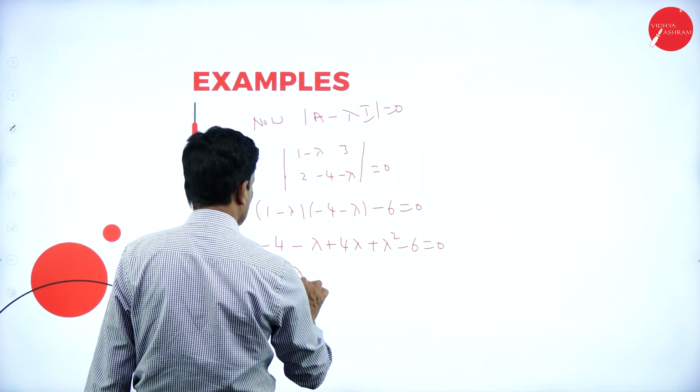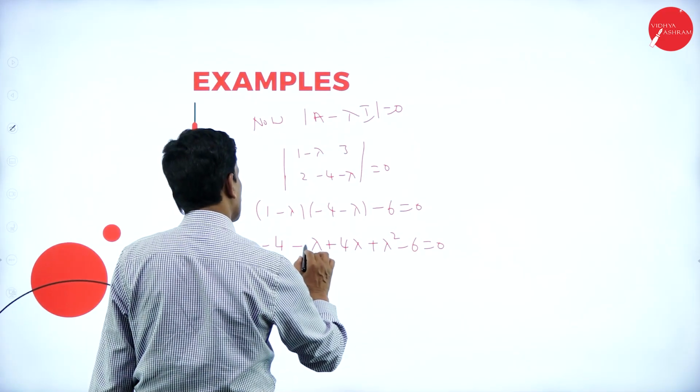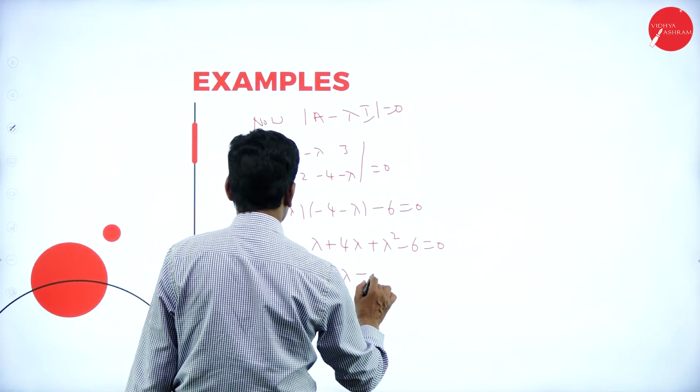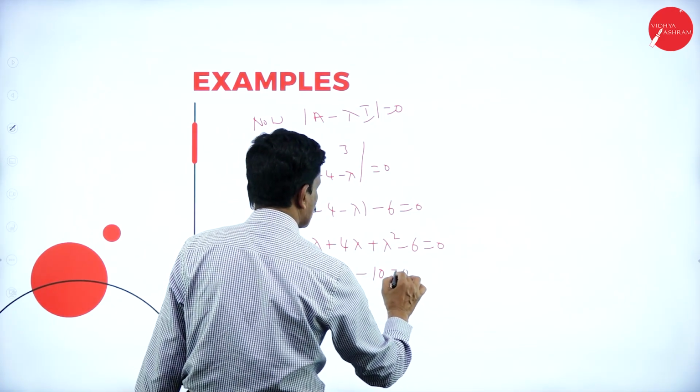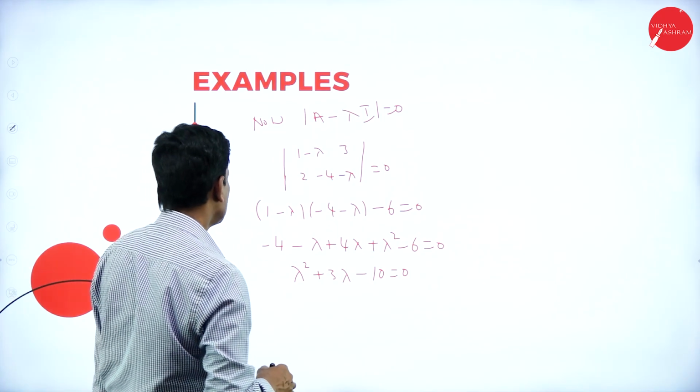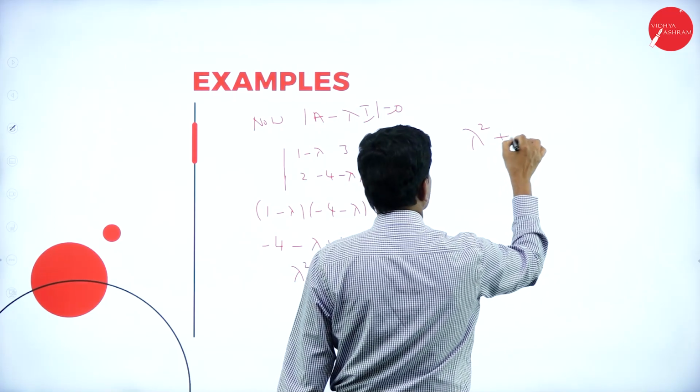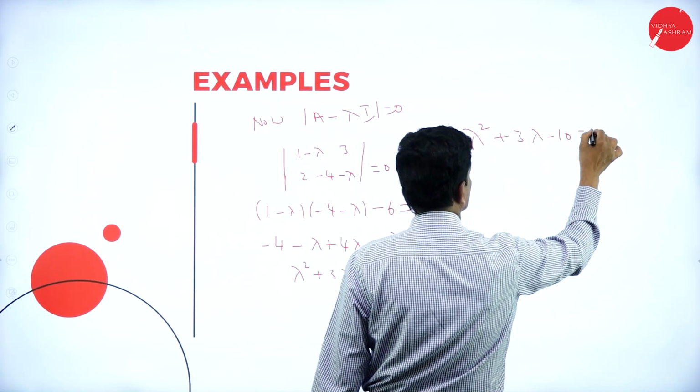So put it in order: lambda square, 4 lambda minus lambda is plus 3 lambda, minus 6 minus 4 is minus 10, is equal to 0.